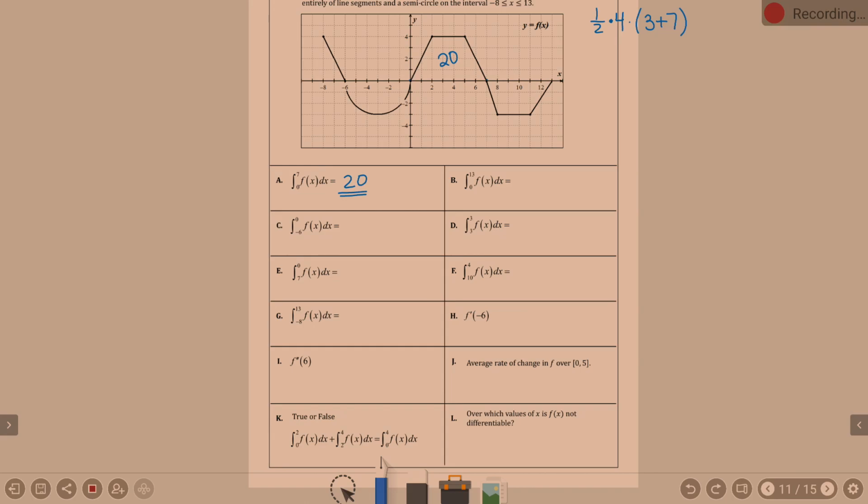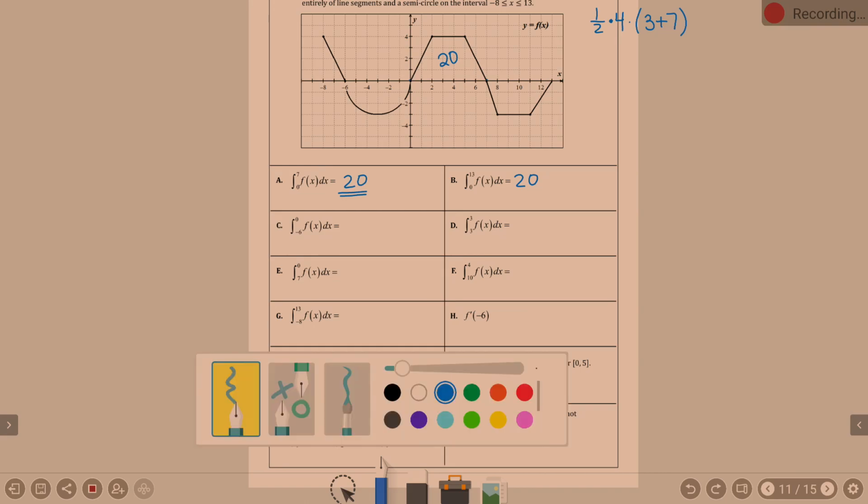The integral from 0 to 13 of f of x with respect to x. What do we need to think about for 0 to 13? Okay, part of it's negative, yes. So we already have the 0 to 7 that's going to be 20, right?